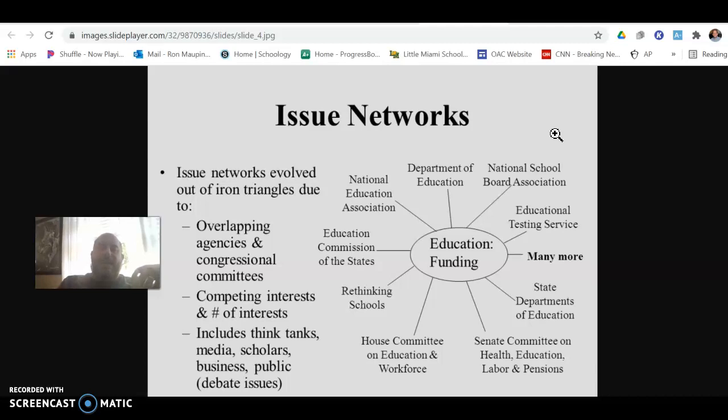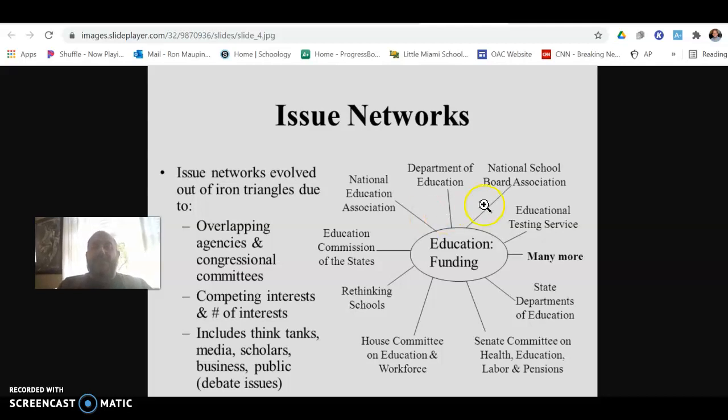They bring in aspects of university scholars, think tanks, etc. So, for example, if you're looking at policy matters dealing with public education funding, it's not going to be just the Department of Education. It's not going to be just, in this case, the Senate HELP Committee or House Committee on Education and Workforce, and it's not going to be just the NEA up here. It's going to be taking a look at other types of groups.